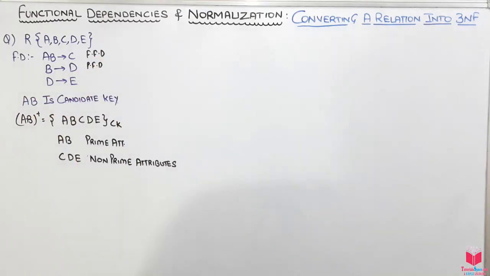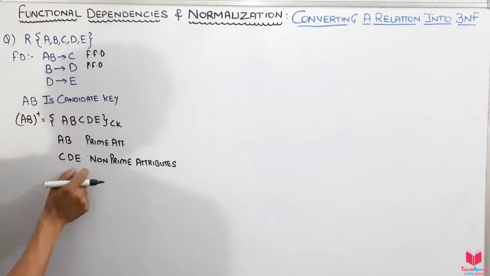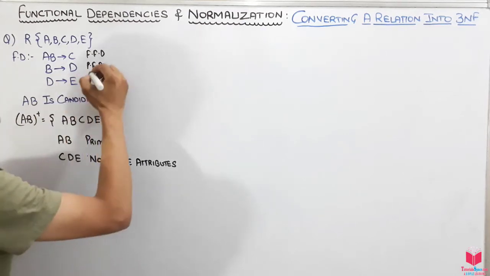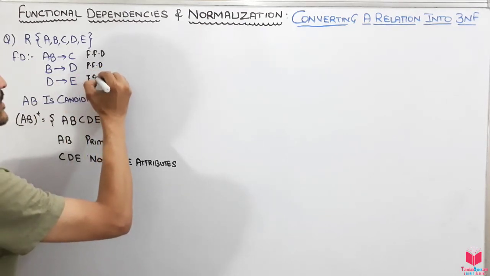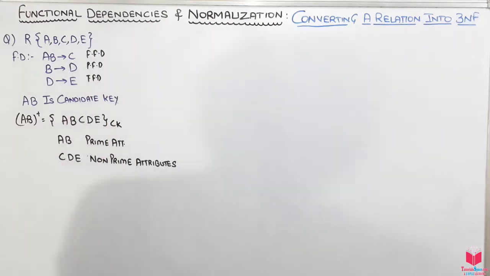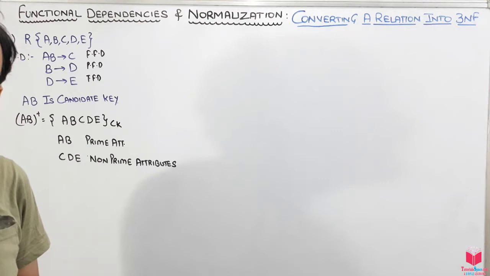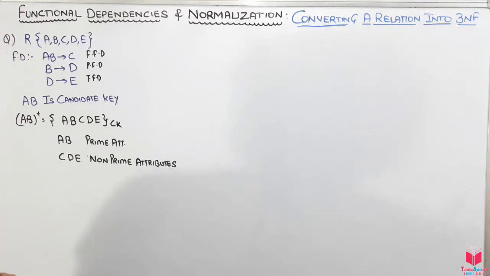D is not completely dependent upon AB; it just depends upon part of the key. After that, D to E, which is between non-prime attributes, so this is a transitive functional dependency. So only the C attribute is fully functionally dependent upon the prime keys. That means this table is not even in 2NF form.